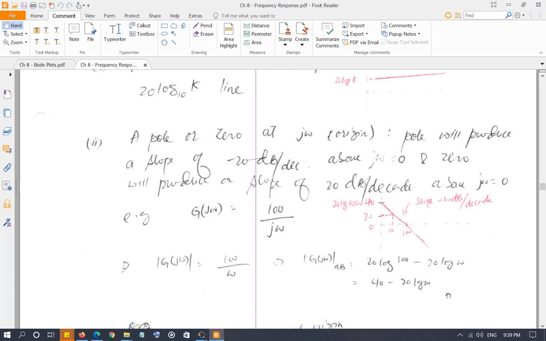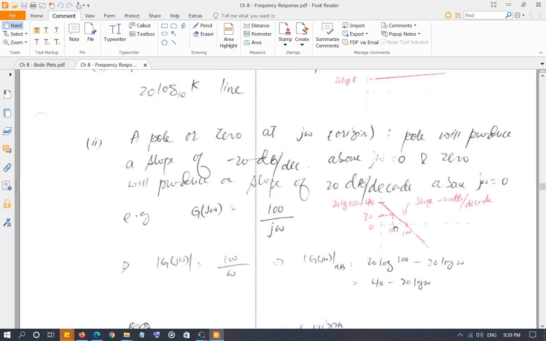So anytime your frequency is less than 1, you will assume it to be 0. Anytime it is greater than 1, you are going to be assuming it to be what? Well, there is no 1 plus there, but anytime it is greater than 1, then you're going to assume it is decreasing with respect to negative 20 decibel per decade.